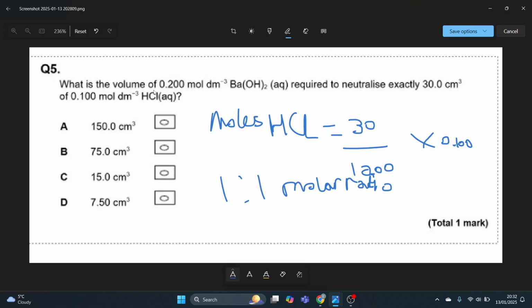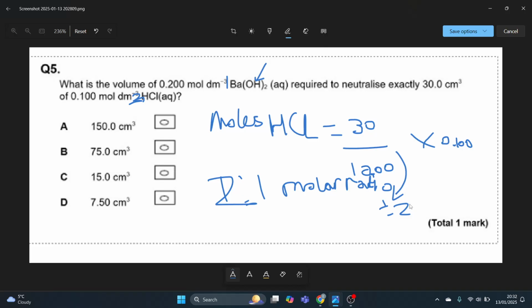It is going to be a 2 to 1 ratio because I've got 2 hydroxide, 2 OH minus ions there, so I've got 2 H pluses there. I've only got 1 here, so that must have a 2, and that's obviously just a 1. Because it's a 2 to 1 mole ratio, I'm going to have to divide this by 2.